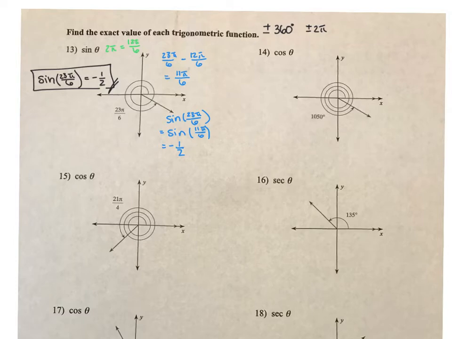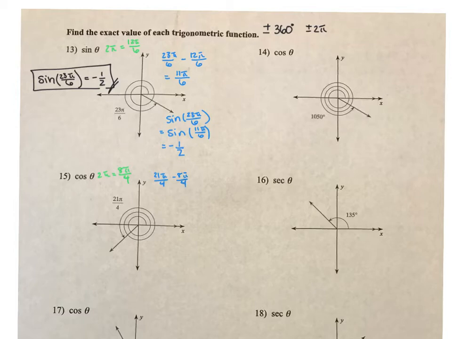Let's take a look at number 15. So number 15, we have 21 pi over 4. So just a reminder, in this case, 2 pi is going to be the same as 8 pi over 4. So when we keep working backwards, we can say, okay, 21 pi over 4, we're going to subtract 8 pi over 4 until we find something that's on our unit circle.